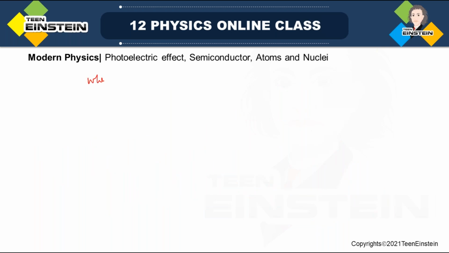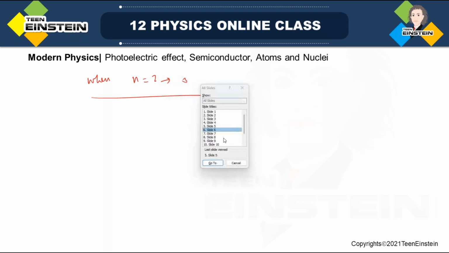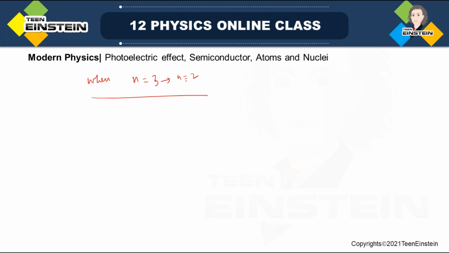So when n is equal to 3 to n is equal to 2, in this case 1 by lambda 2.